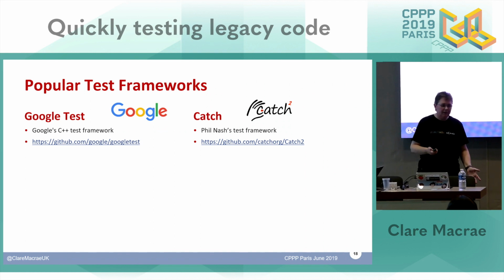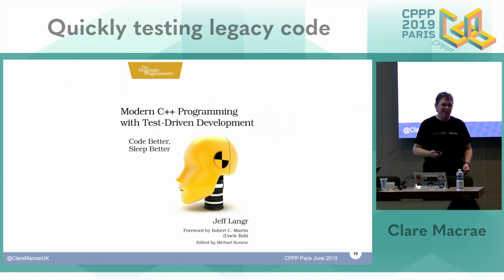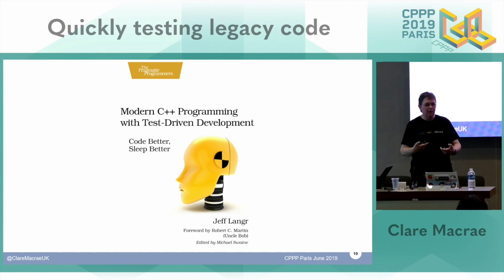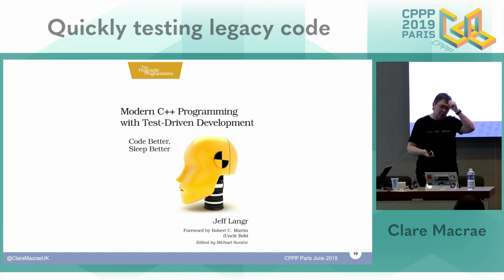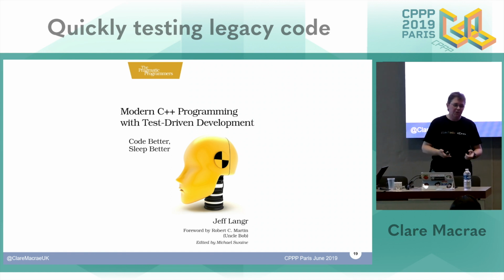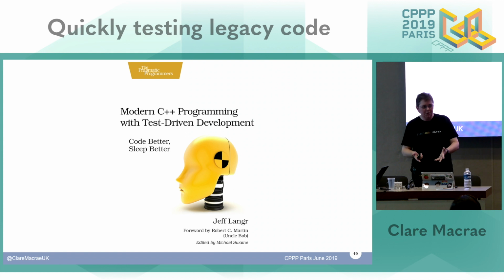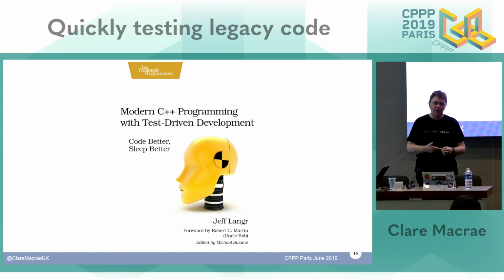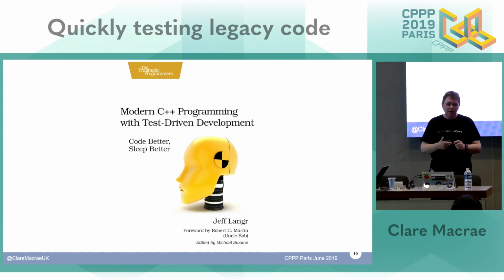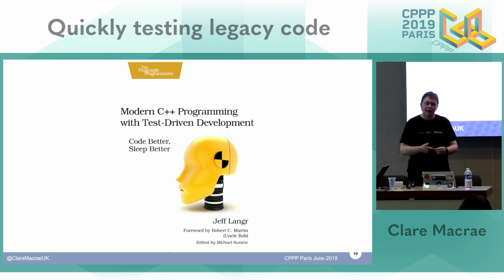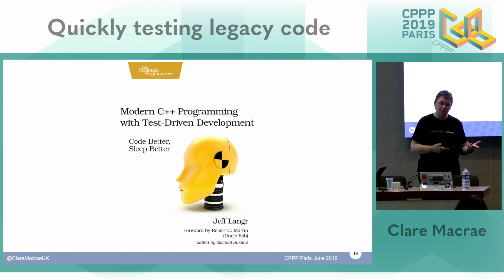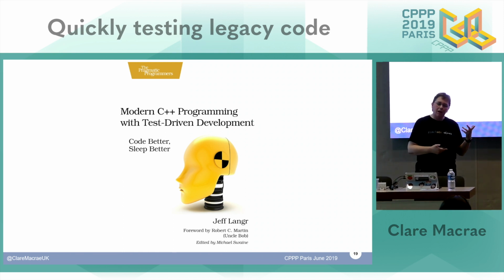Whichever one you pick, you need to start getting familiar with writing tests as you develop. And if that's a new topic to you, then this is a great book, Modern C++ Programming with Test-Driven Development. When writing this talk, I went back and had another look at this book, and it has an entire chapter on working with legacy code, which is very good.